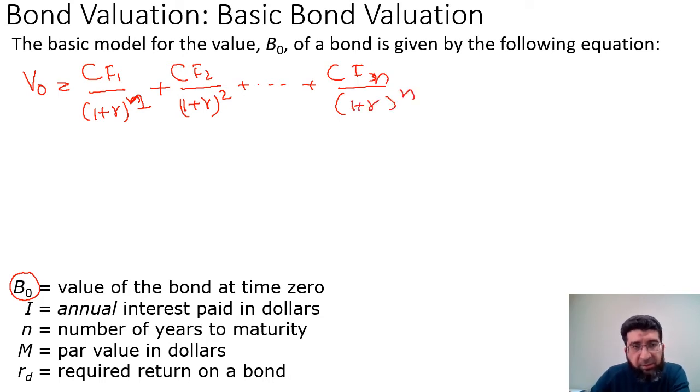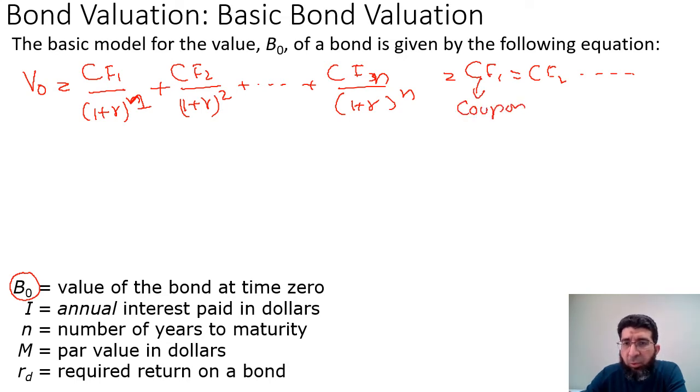Now converting this into a bond formula is much easier. First, in bonds, we have the same cash flows. So CF1 equals CF2, the same for all cash flows, because they represent coupon payments. And coupon payments are calculated as the stated interest rate, or R, multiplied by the face value of the bond.